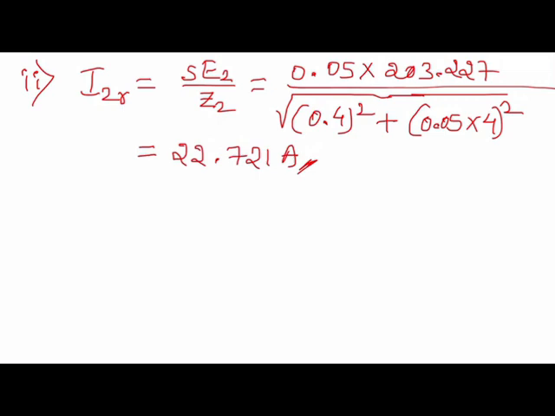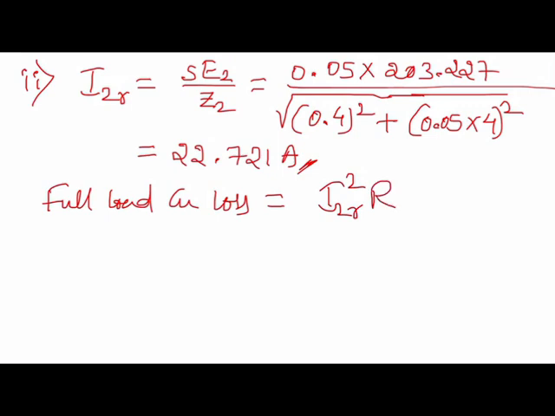This is the rotor current. To calculate the full load copper loss, note that copper loss depends on the current flowing through the windings. The current flowing through the rotor winding is I2R, so it is I squared R, where the rotor resistance is R2.